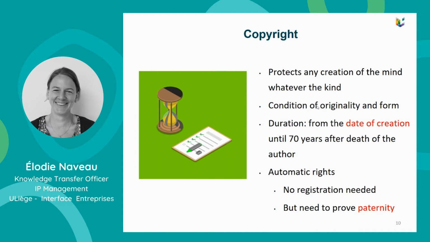The conditions to have this copyright are originality and the form. But originality is really the main point here. When you write your thesis, the purpose of a thesis is to come up with something new, something original. So you will not copy something that already exists. So you will have a copyright protection on your thesis.